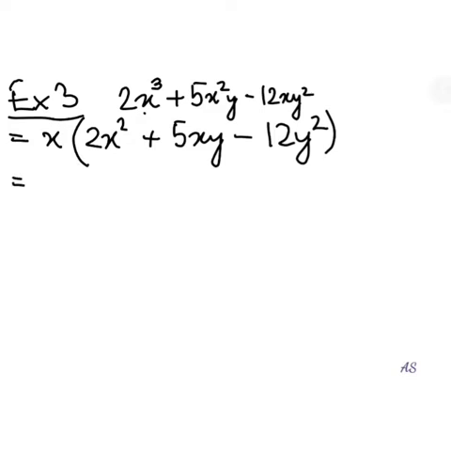Now, this 5 can be split into two numbers such that the sum of these two numbers will be equal to 5 and the product of these two numbers will be equal to 2 into 12, so that is 24.